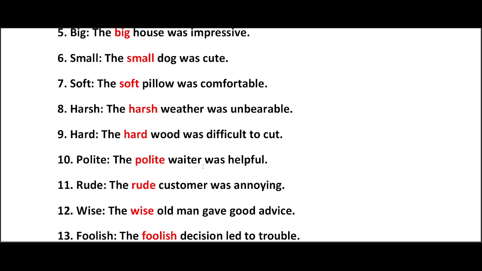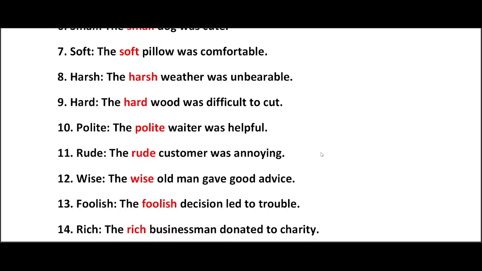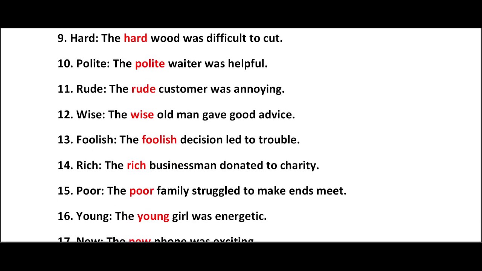Polite, the polite waiter was helpful. You see, all these sentences are simple sentences. Rude, the rude customer was annoying. Wise, the wise old man gave good advice. Foolish, the foolish decision led to trouble.